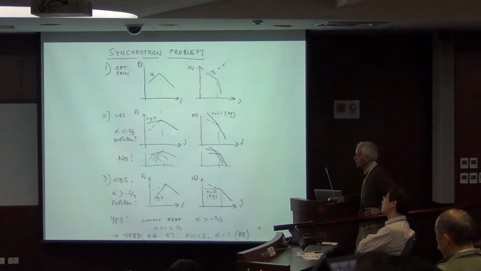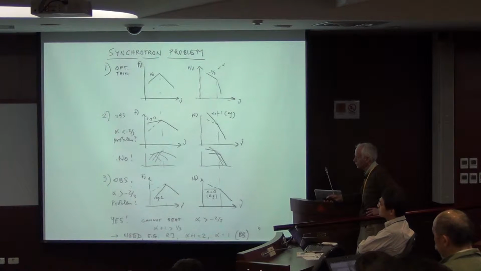Now if you observe a slope which is flatter than 1/3 or which is steeper than minus 2/3, that's not a problem, because you can consider that these individual electron spectra are distributed, and so you can make a slope here which is flatter than 1/3 or steeper than minus 2/3.